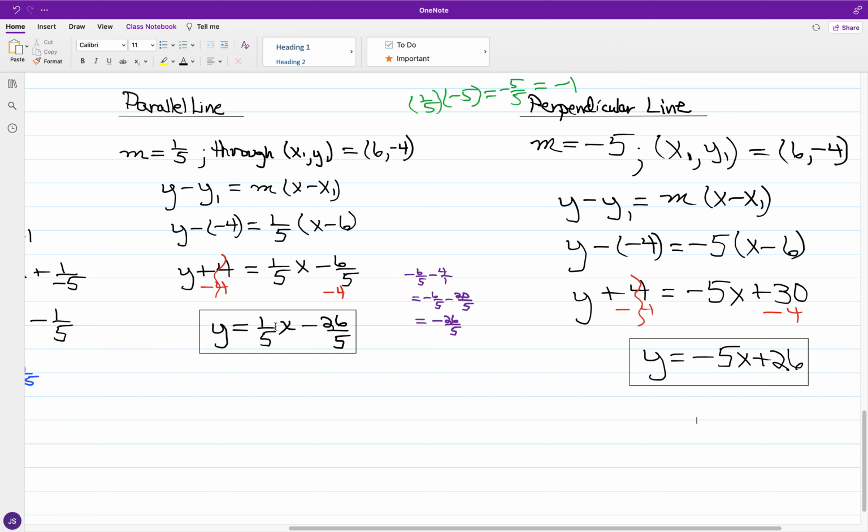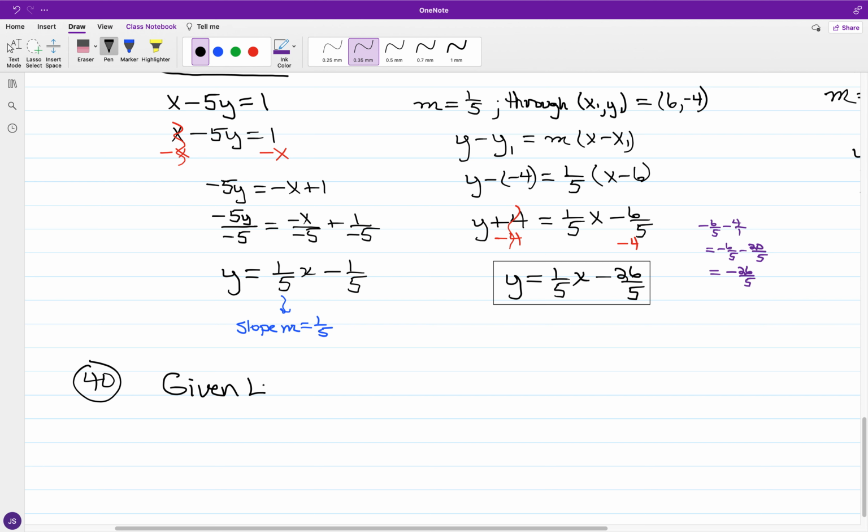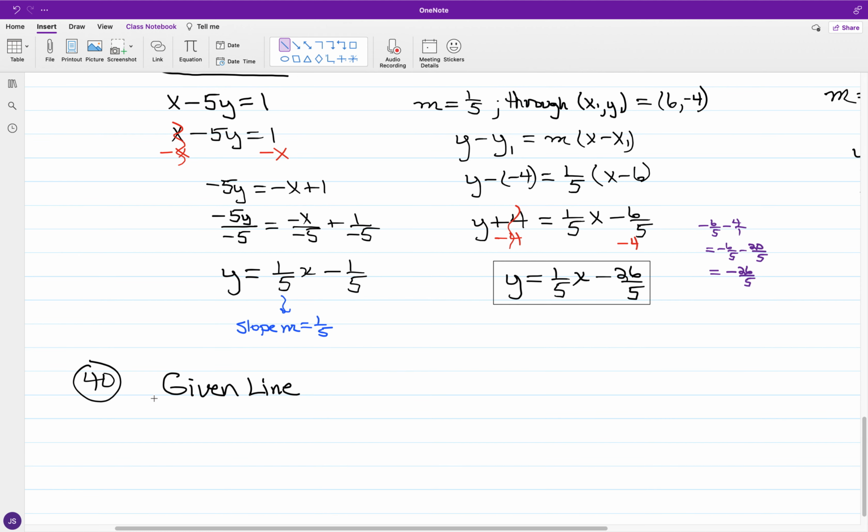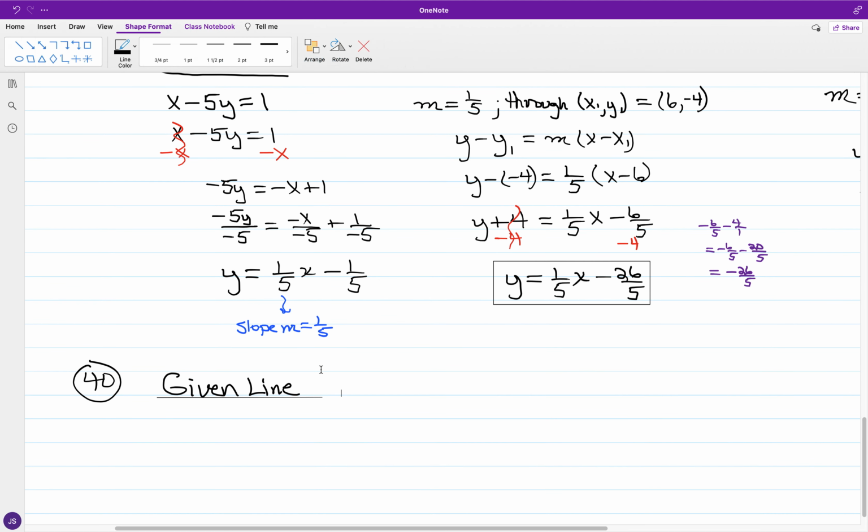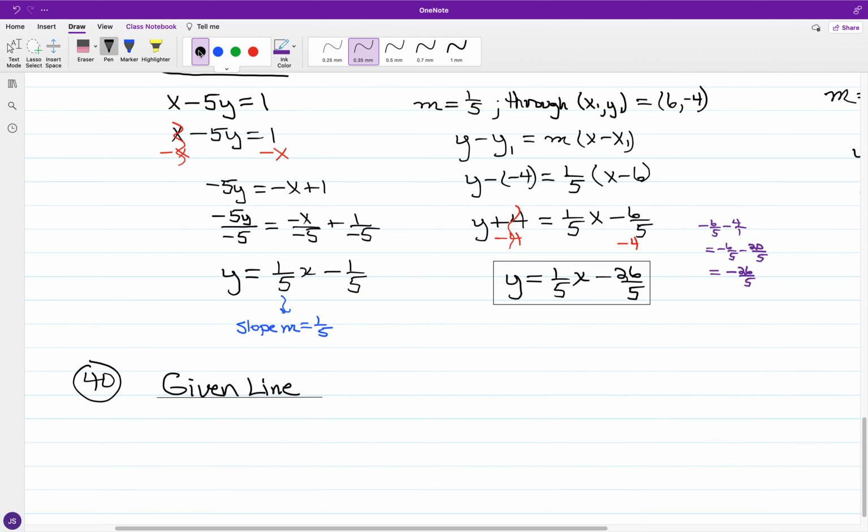we have in the case of 40, and this time around we have for the given line, okay, we have x minus 2y is equal to 7. And if we look at configuring what the slope of this line is going to be, okay, so you have x minus 2y is equal to 7, and getting the y term by itself.